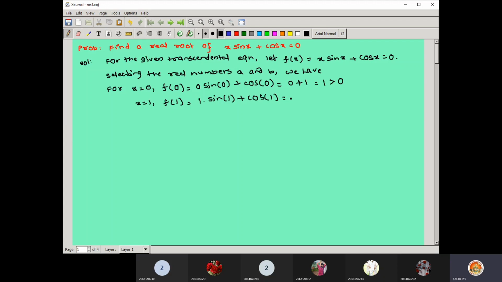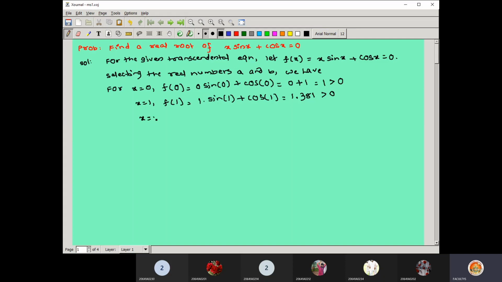Open your calculator; since it involves trigonometric functions, it should be in radians. The answer is 1.381, which is also greater than 0.